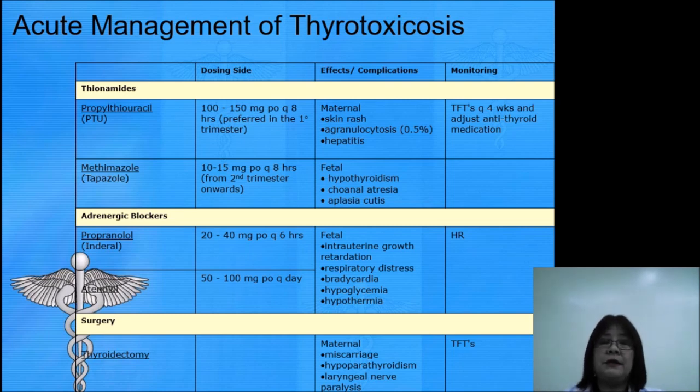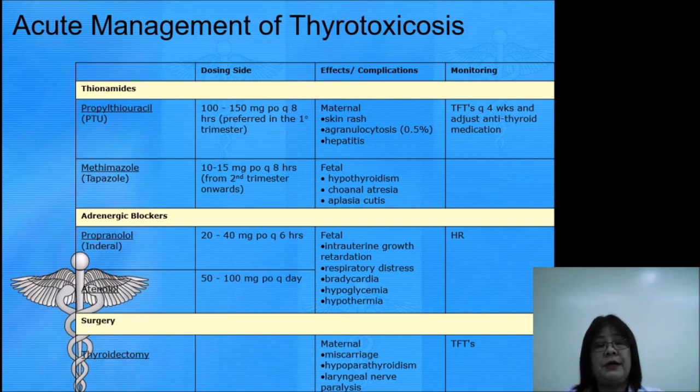It is related to IUGR, respiratory distress, bradycardia, hypoglycemia, and hypothermia. Now, I do not expect you to remember the doses. You just remember the effects and complications if given during pregnancy.